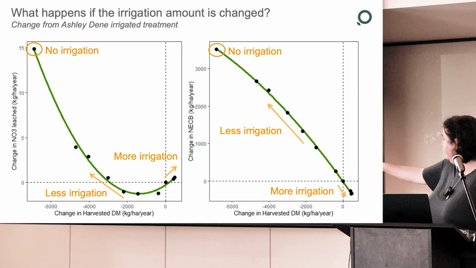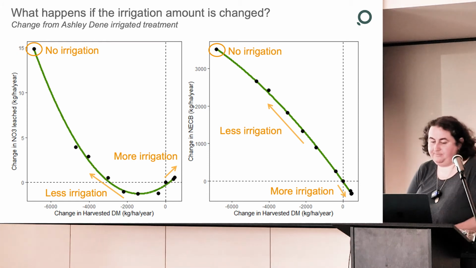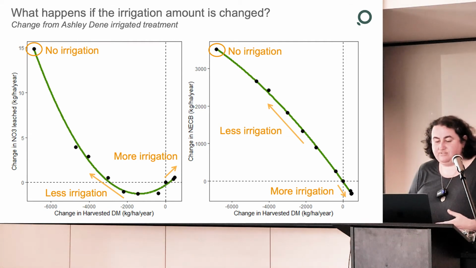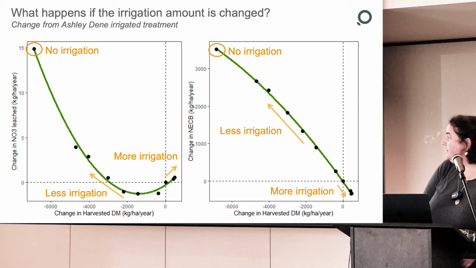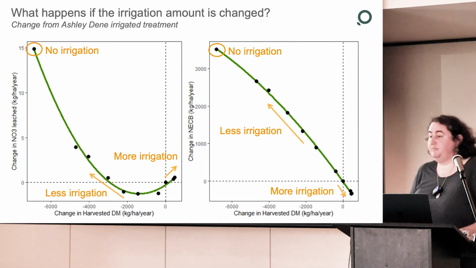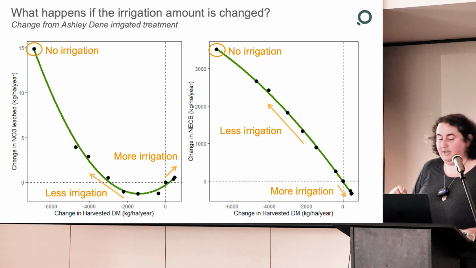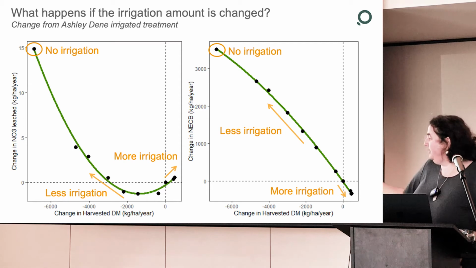Again, with more irrigation down in the bottom right-hand corner, less irrigation going up to the left of that, and then no irrigation at the top there. So generally the results show that for nitrate leaching, and I do recognise that if we look at the scale on the left-hand side here, this is a relatively negligible amount, but we're seeing greater leaching if you irrigate less, but lower production.